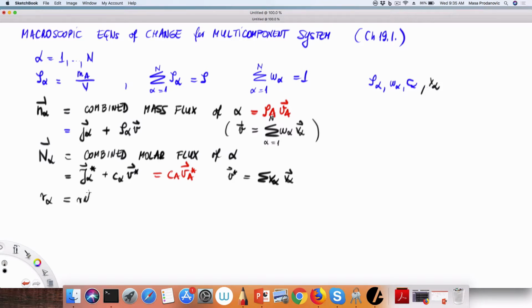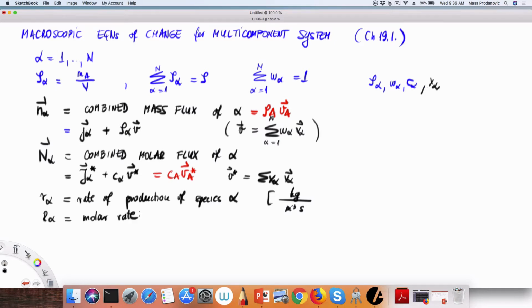So I have rate of production of species alpha. So this rate, it's kilograms per meter cubed second, and its molar equivalent is R alpha.